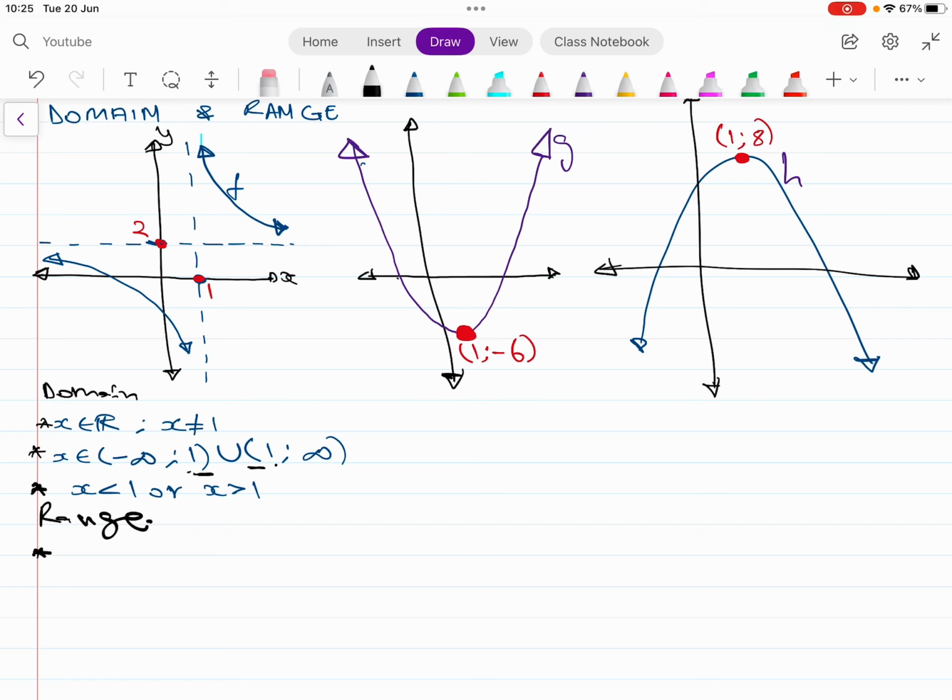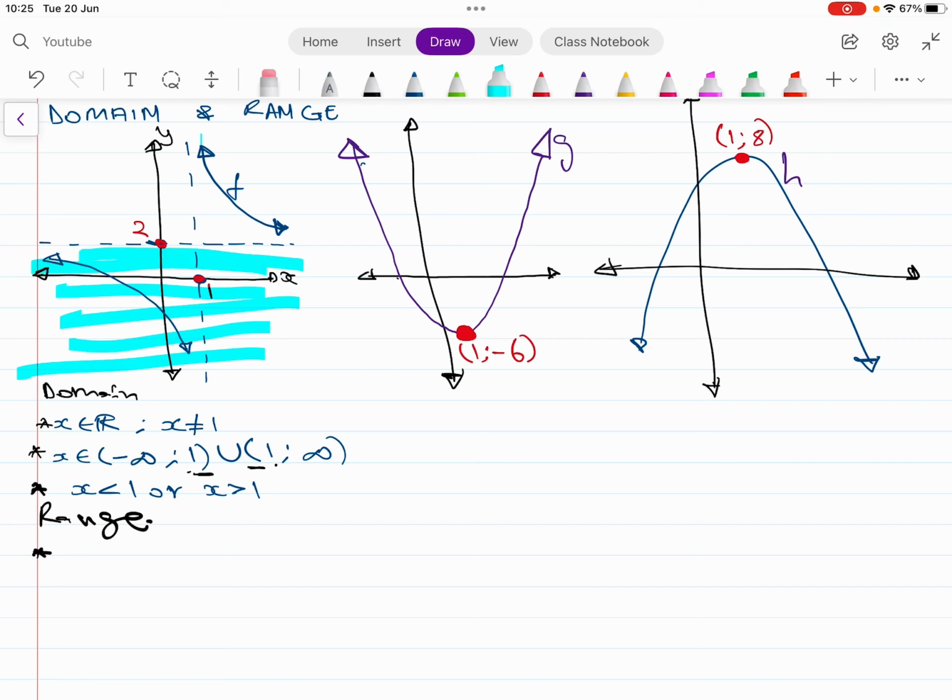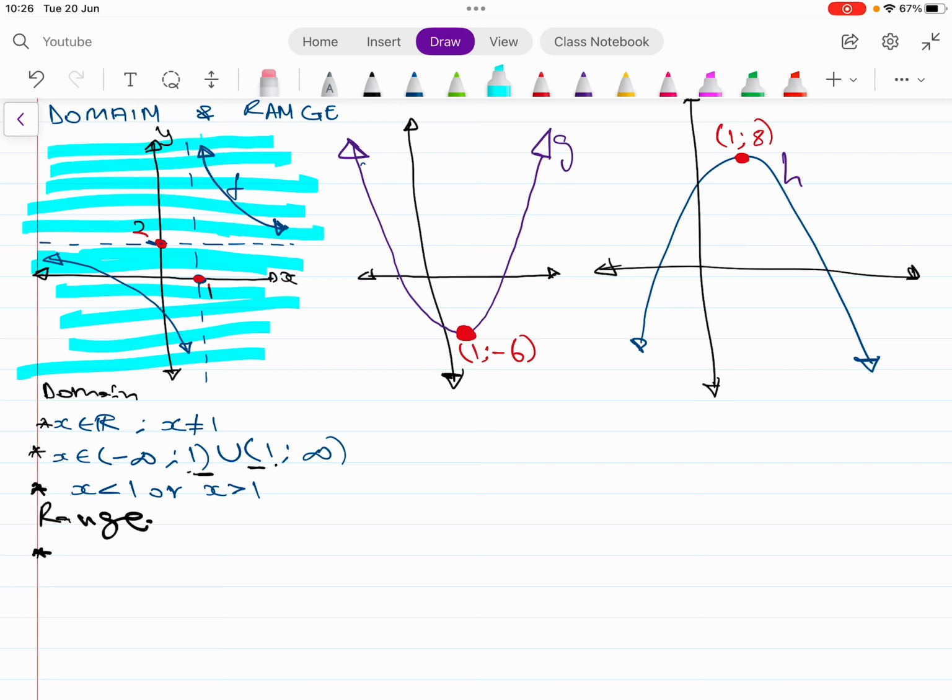You can just start from negative infinity of the Y values. As you can see, this graph exists for all these values, until you get to 2, where it's not there. There's no graph there. And then after 2, you'll see the graph is there. These horizontal lines that I'm drawing are touching the graph at some point, to show that the graph is there for all those Y values.